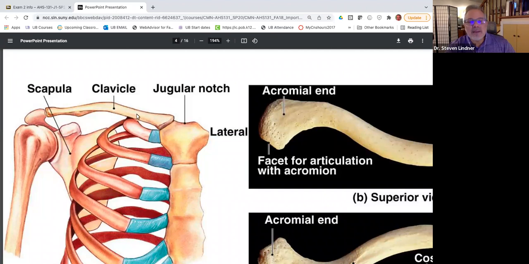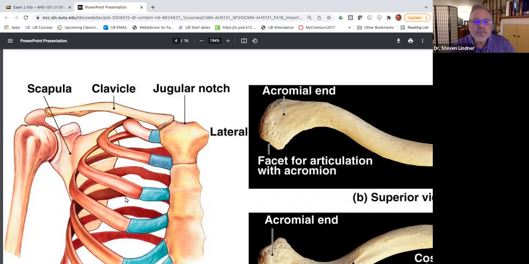So you see that this clavicle, the strut bone, is going from the manubrium, which is in the front, to the scapula, which is on the back. And the purpose of this clavicle is to try and keep the scapula on the back of the rib cage. It's trying to keep it on the posterior part of the thoracic rib cage. So if this bone breaks or is non-existent, the scapula moves to the anterior, rotates around to the front, and gives you a very rounded shoulder contour.